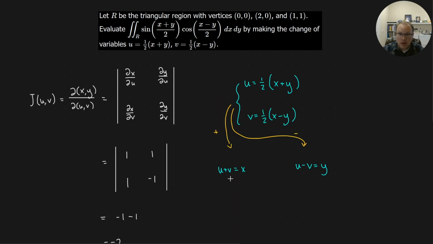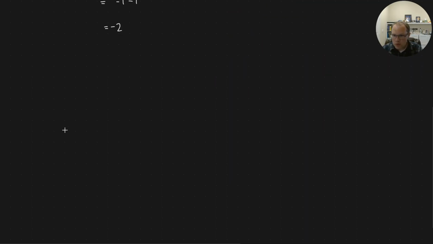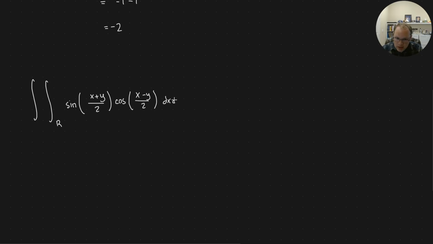Okay, so if we kind of work with what we got so far, we're integrating over region R, this triangular region. Oh, and it's a double integral. We have sine of (x plus y over 2), cosine of (x minus y over 2), integrated with respect to x and y.